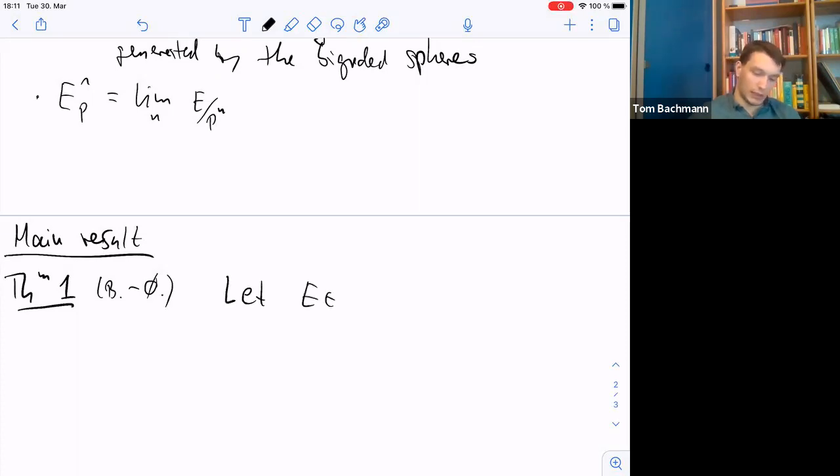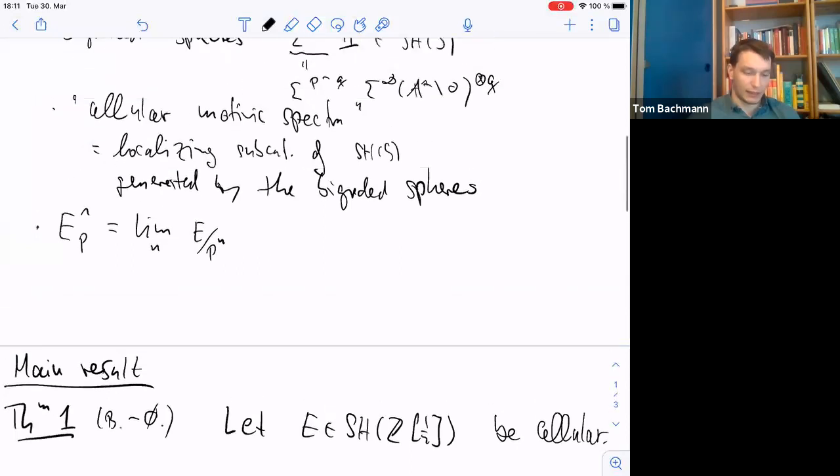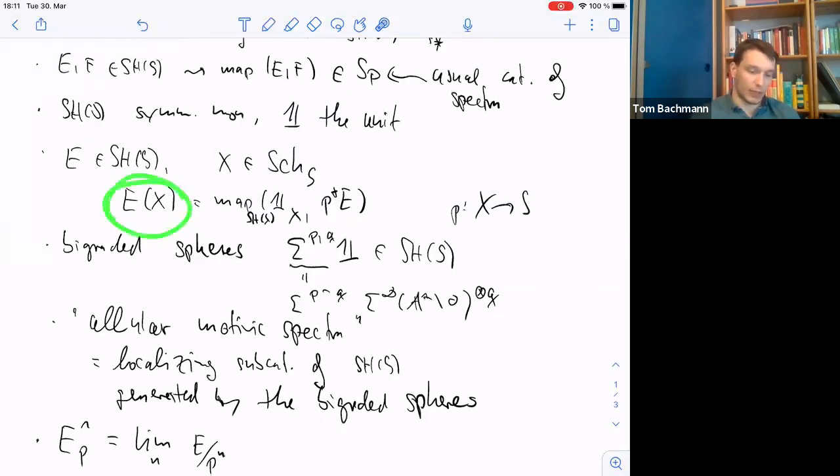So you take E in SH of Z[1/2]. That does not come as a big surprise given the title. And I'm going to want it to be cellular. So it's one of these special spectra which can be built out of spheres. And then the claim is that you can try to work out what this E thing is if you evaluate it on Z[1/2].